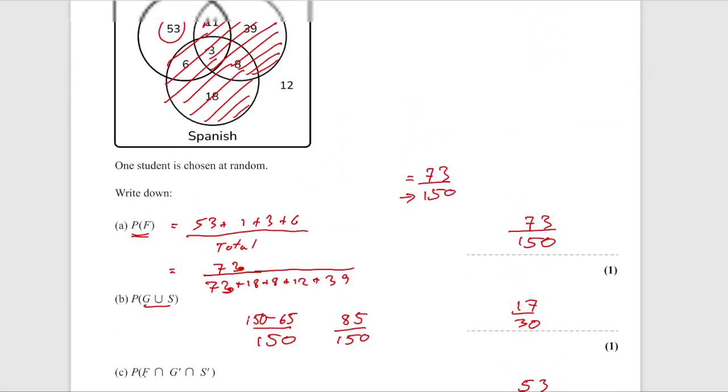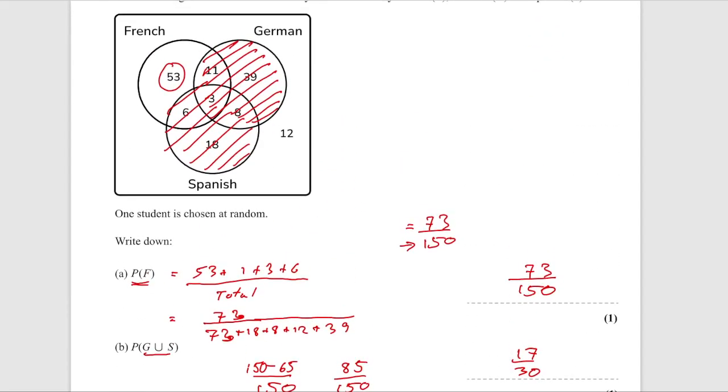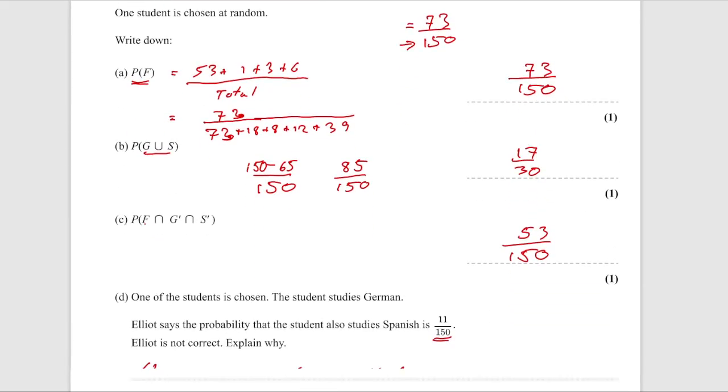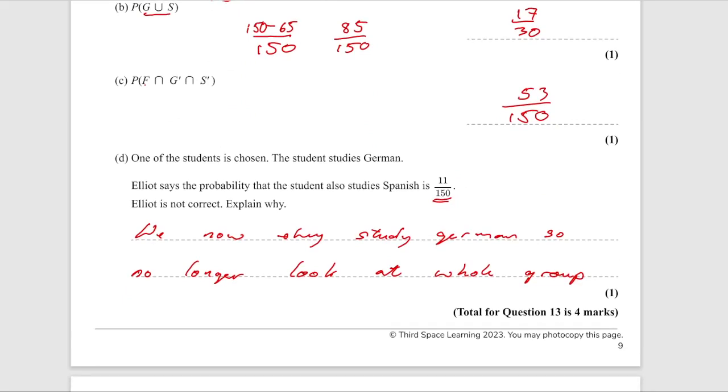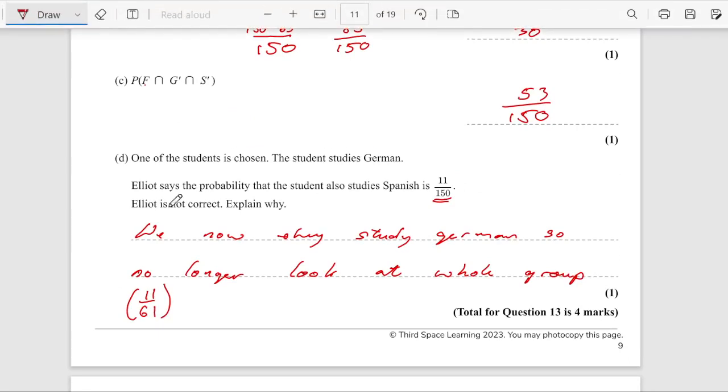So in effect, we're picking from this group. So what's that going to be? 50, 61. So it would be 11 out of 61, because they have to be coming from German now.